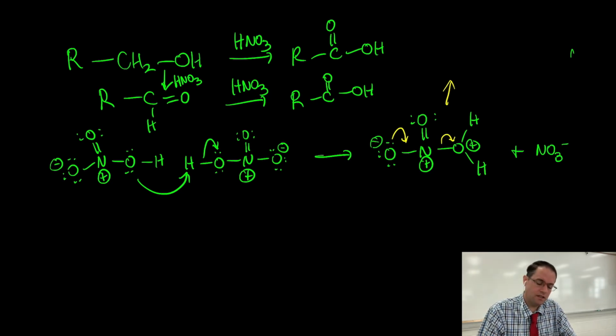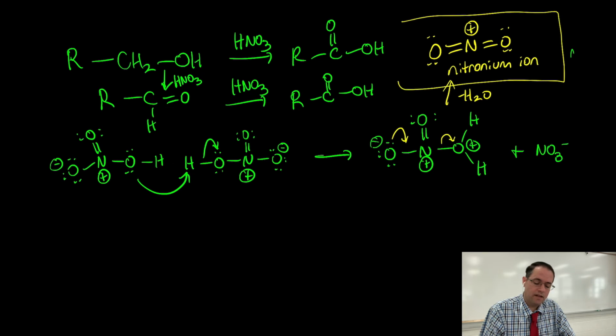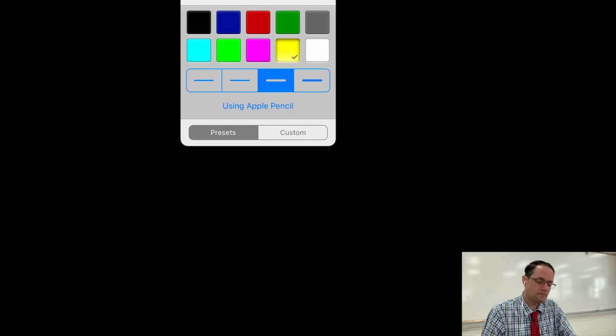What you get here is the nitronium ion, and you lose water in this step. Now that we have the nitronium ion, we can show how this interacts with an alcohol, or an aldehyde, to eventually give you a carboxylic acid. So let's see how that plays out. Here's our nitronium ion.